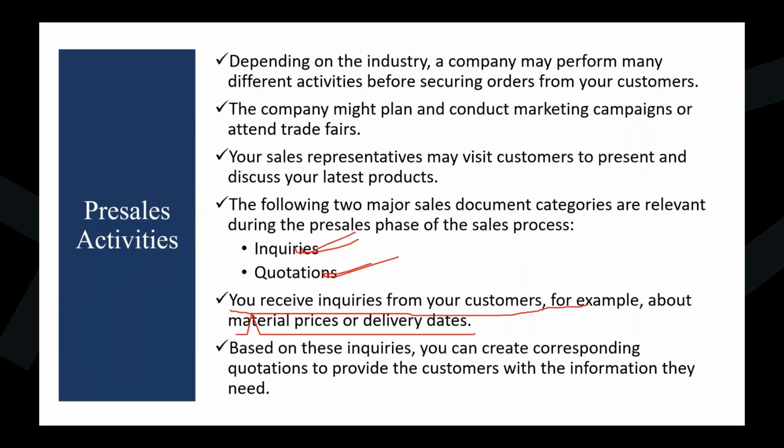If the price is okay, when can you deliver? That information they may ask, and you put it in the system as an inquiry. Based on these inquiries you can create corresponding quotations to provide the customers with the information they need. So the next step is to create a quotation. Using the quotation you give the information whatever the customer wants. So this is the pre-sales.